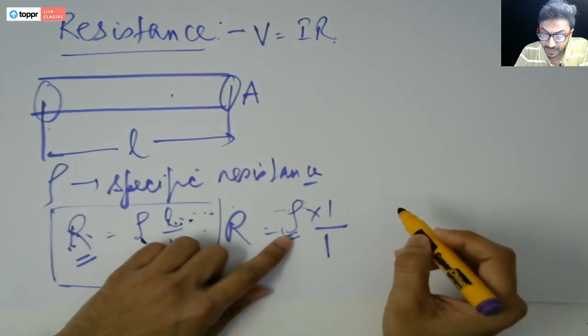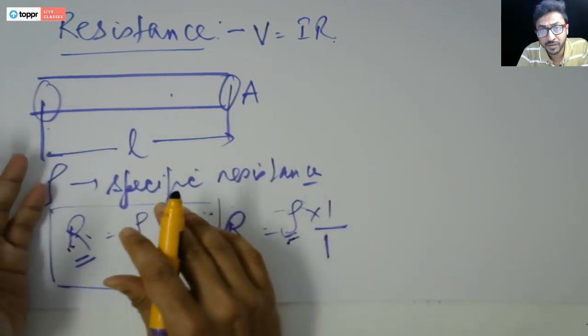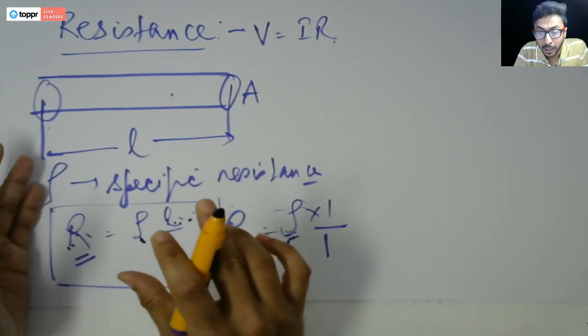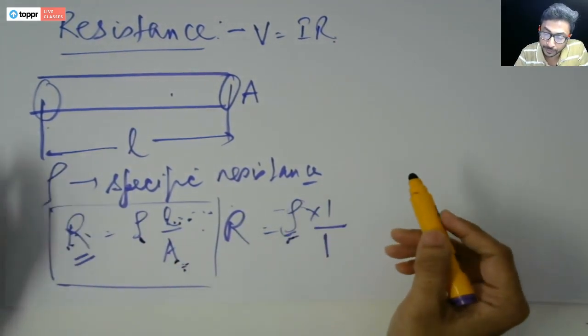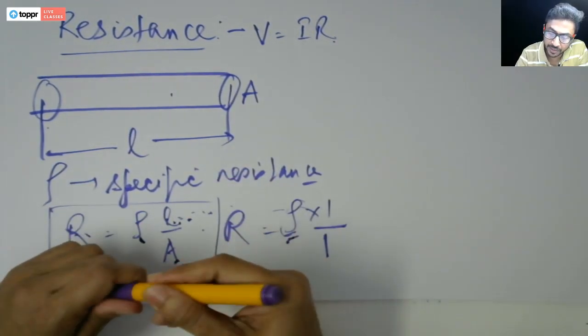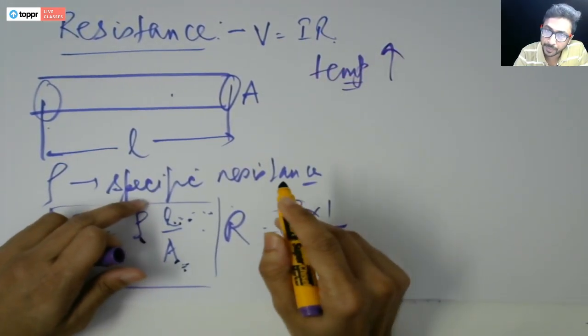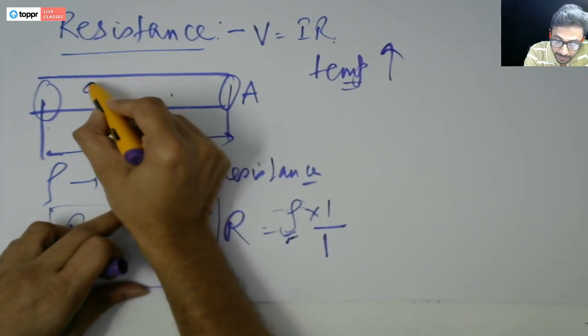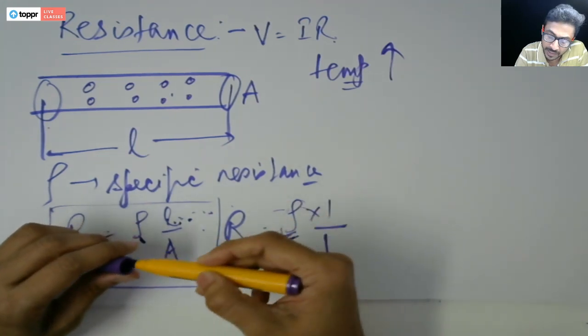Now specific resistance, as it is dependent on the material and on the nature of the conductor, also changes with temperature. If you increase the temperature, what will happen?